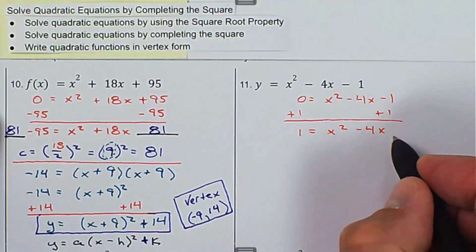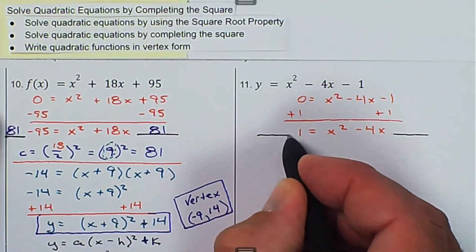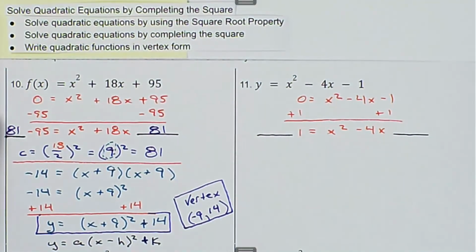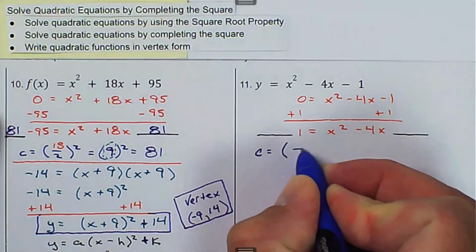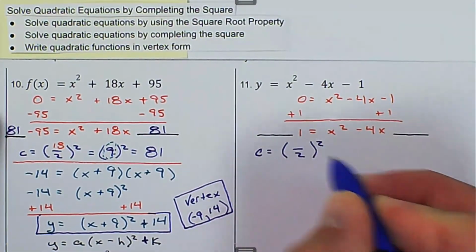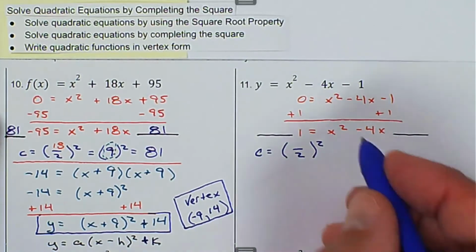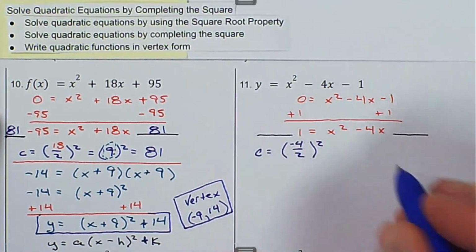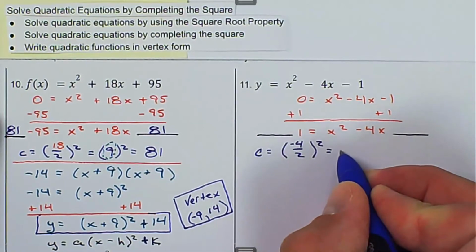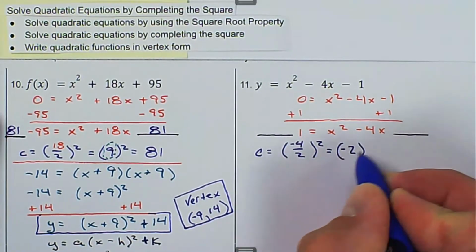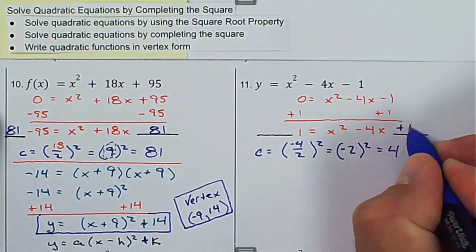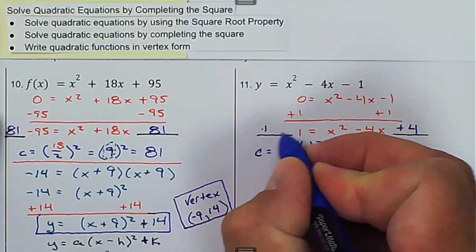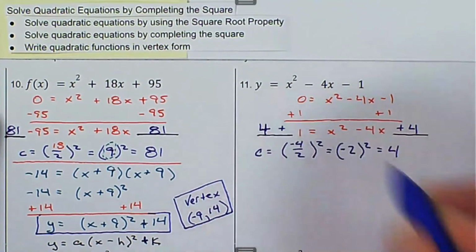But we're going to add some c value to both sides of the equation. And the way that we figure out that c value is we say c is equal to the b value divided by 2 squared. So in this case, the b value is -4. -4 divided by 2 is -2 squared, which is equal to 4. So we're going to add 4 to the right, and we're going to add 4 to the left.